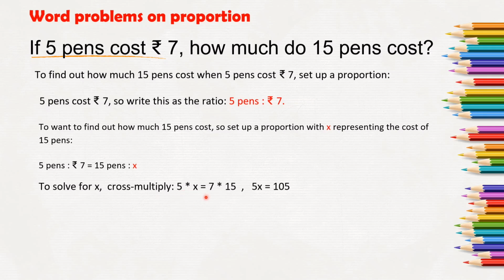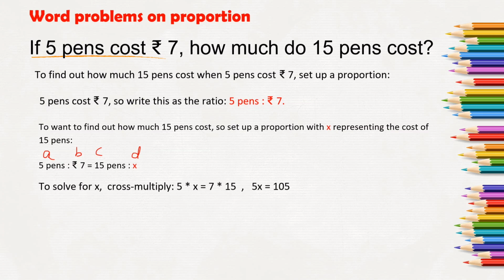5 into x. Why 5 into x? Because here we have to cross multiply. That is, we have to multiply extremes. Extremes means a into d, right? A is 5 pence and d is x. So 5 into x, and means is b into c, right?